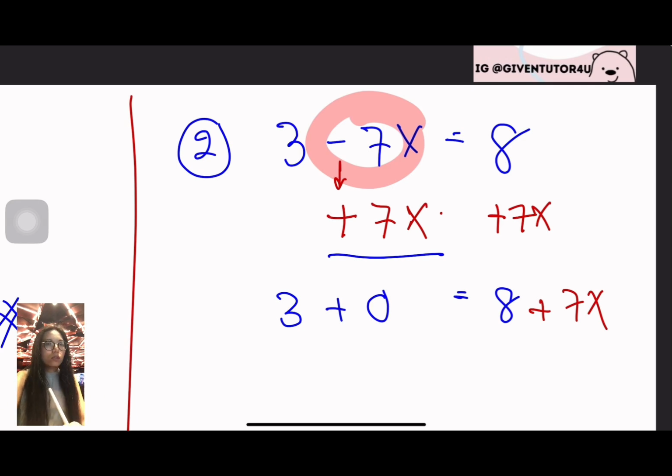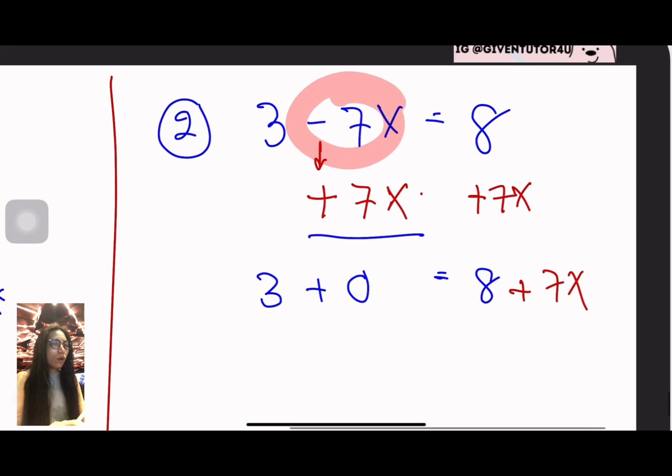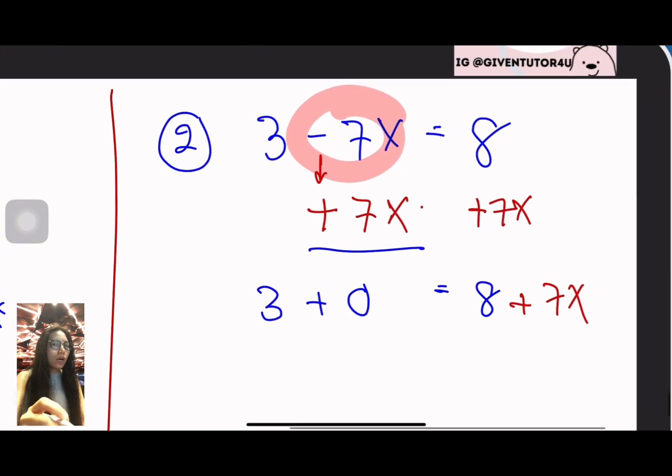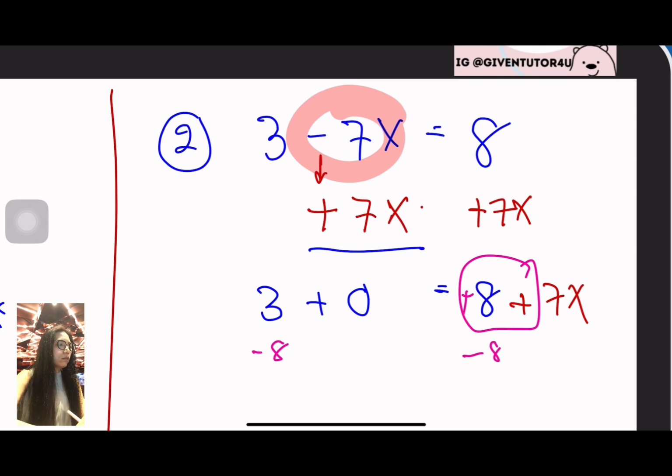Okay, you have to understand this one first. The next thing we do is right here. This is the outside. This is exactly plus 8, so it will be minus 8 in here and minus 8 in here, as the reverse thing.